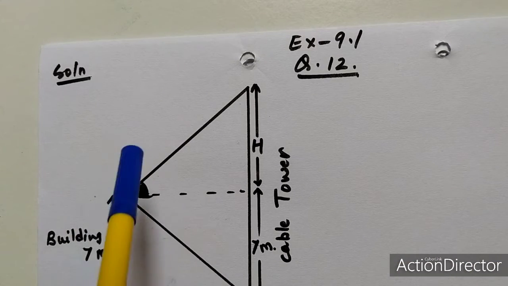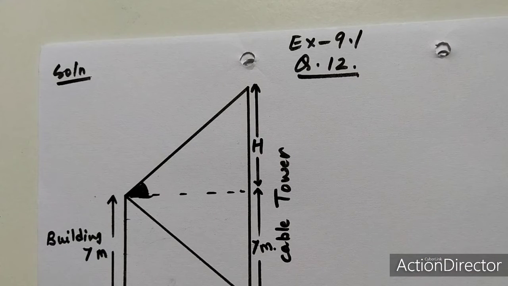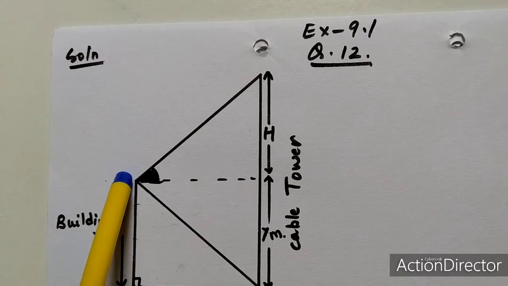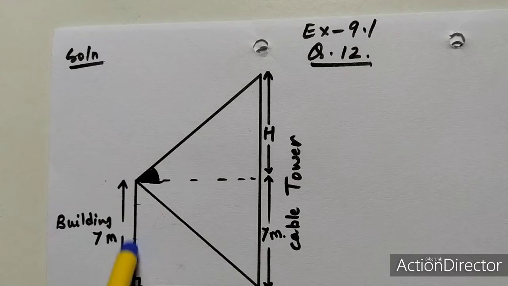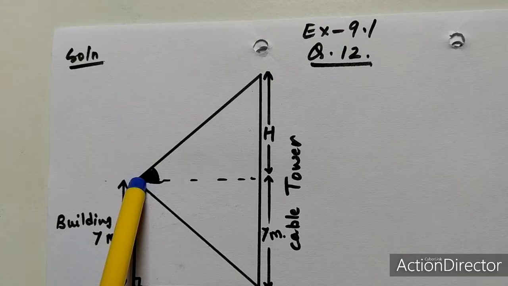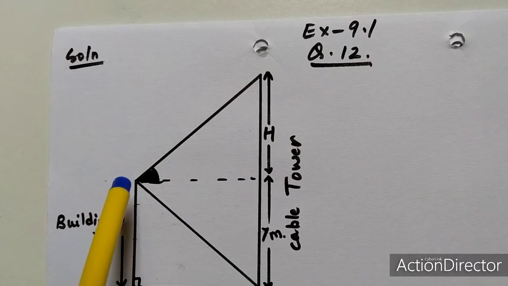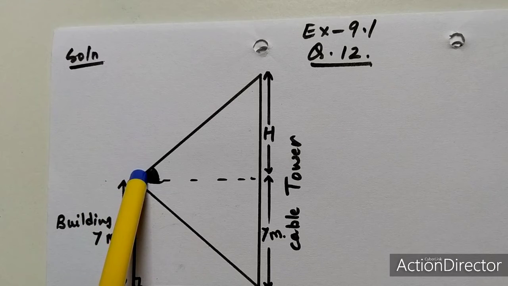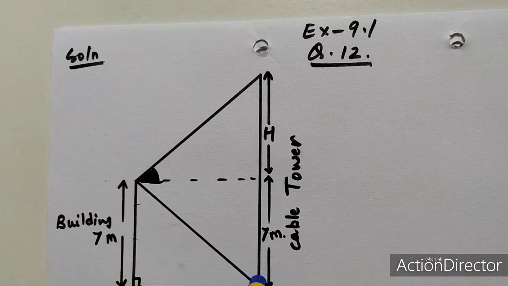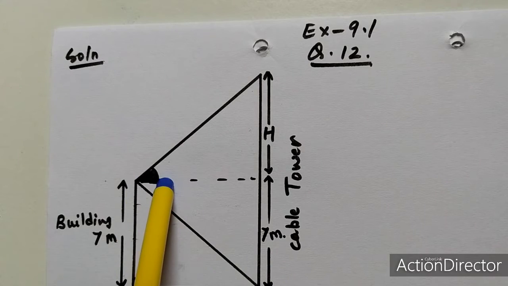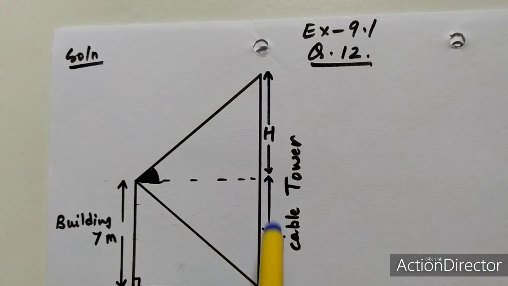Here the next question is question number 12 of exercise 9.1, in which they said from the top of a 7 meter building, the angle of elevation of the top of the cable tower is 60 and the angle of depression of its foot, that means of the cable tower, is 45 degree. Determine the height of the tower.